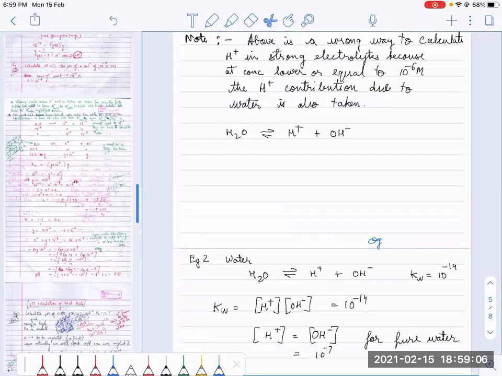Kw is known as the ionic product of water, and it is always 10 to the power minus 14. It's fixed. Kw is equal to H plus into OH minus. What is Kw? Kw is known as the ionic product.